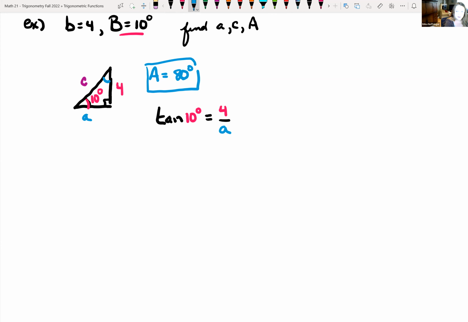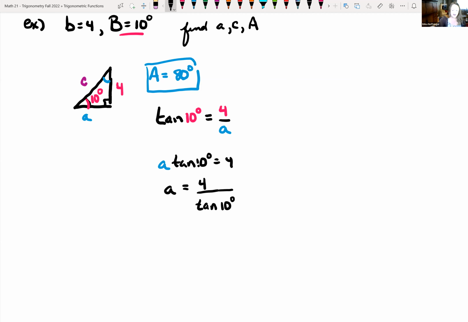We can multiply both sides of our equation by A, so A tangent 10 degrees is equal to 4. Then A is equal to 4 divided by tangent of 10 degrees. Let's plug this into the calculator.